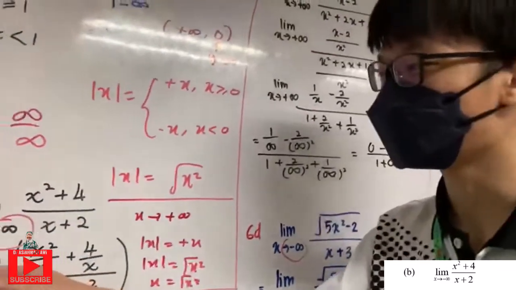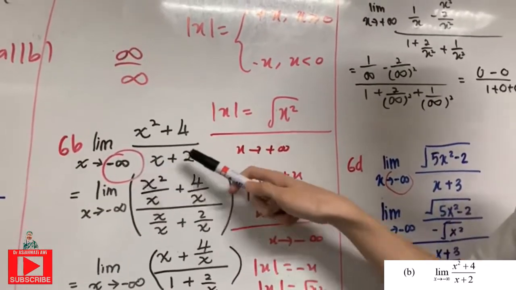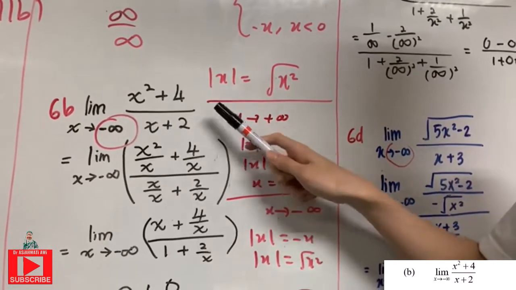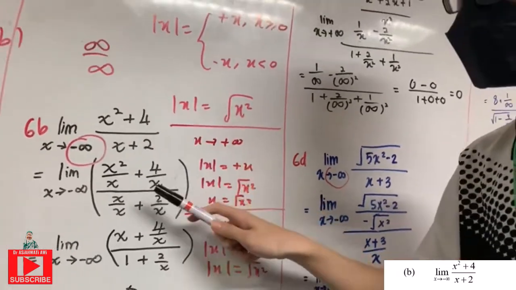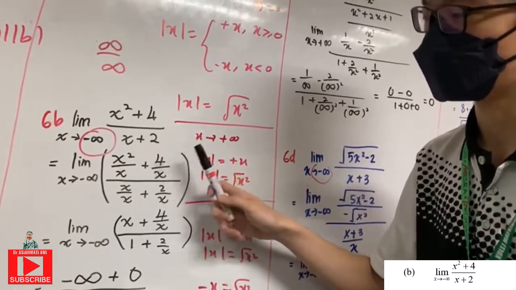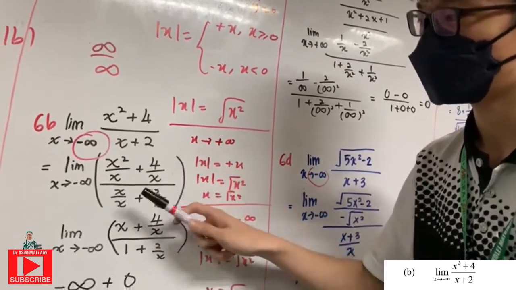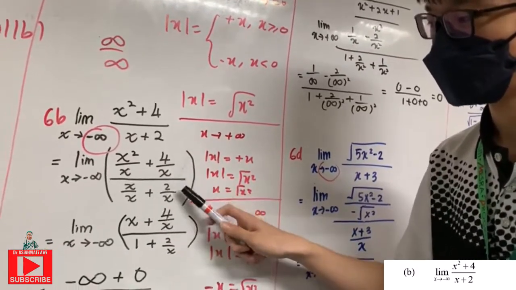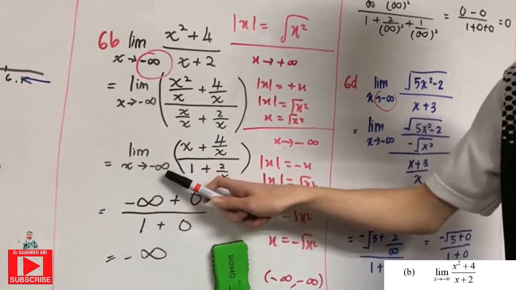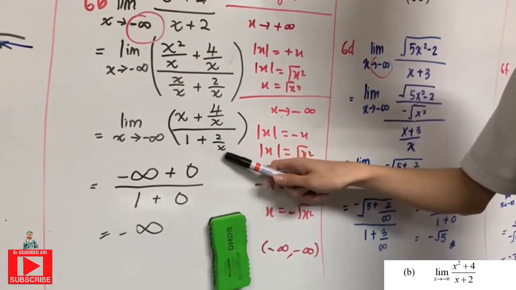For 6B, the question wants us to find the limit as x approaches negative infinity of x squared plus 4 over x plus 2. So for a polynomial, the first step is to divide every single term by the greatest degree of the denominator, which is x. So we divide every term by x, simplify, and get the limit as x approaches negative infinity of x plus 4 over x, over 1 plus 2 over x.